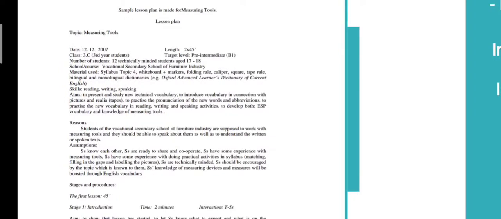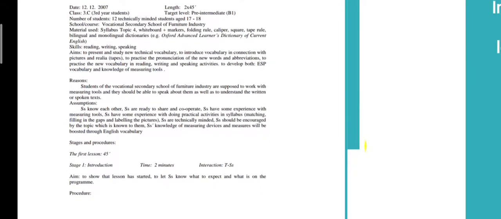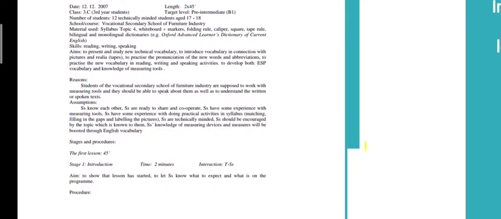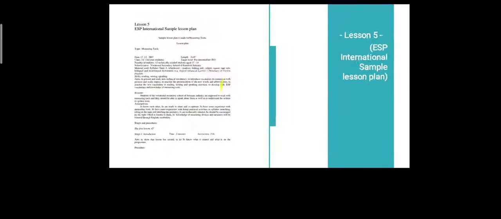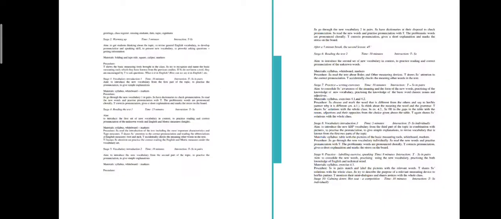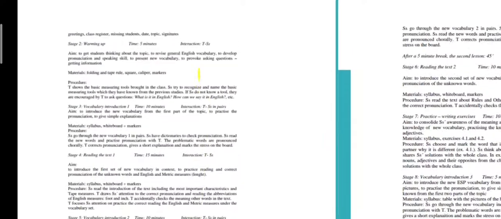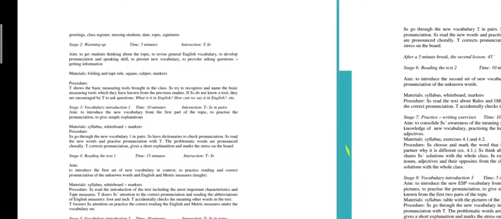So we have the topic and the date, length, class, target level, number of students, school or course, materials used, skills, aims, reasons, and then stages and procedures. This is the example. Like this.